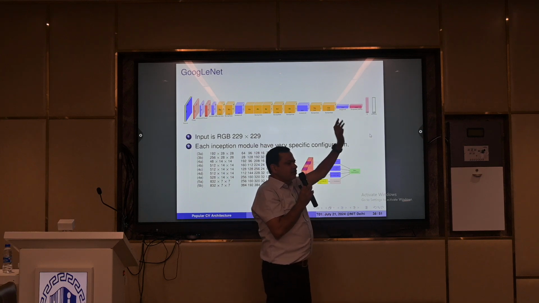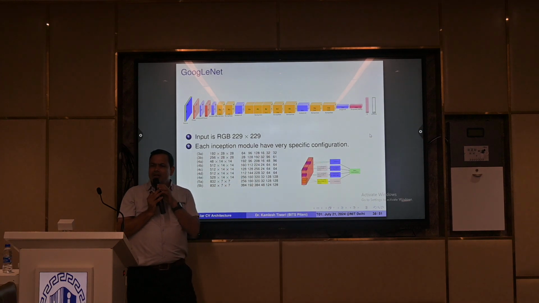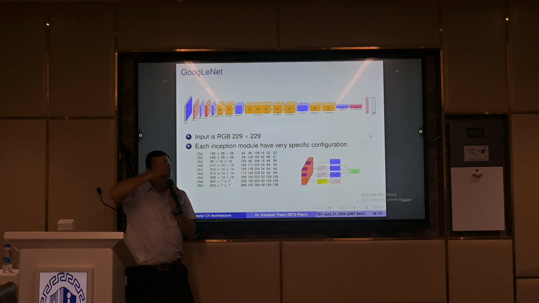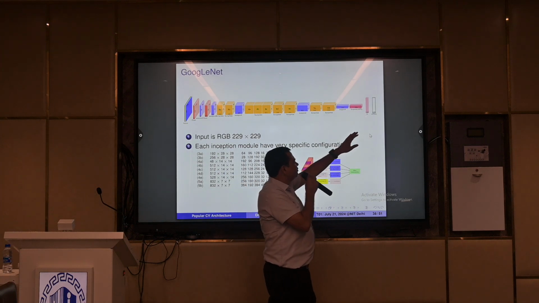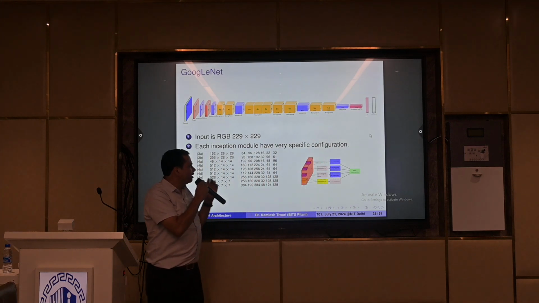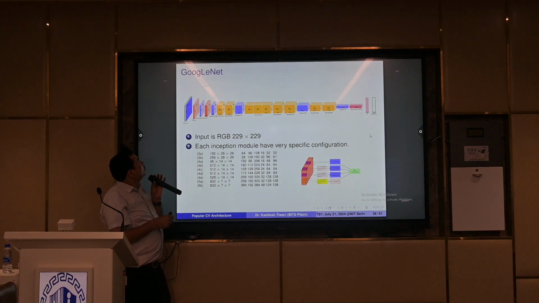Earlier there were 4000 parameters. From the classification heads he had introduced the parameter inside and definitely got the better result. So this is what Google did.